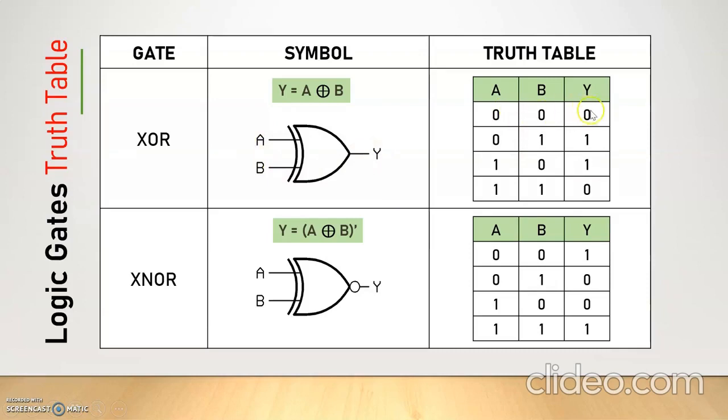So 0 0 becomes 0, 0 1 becomes 1, 1 0 becomes 1, 1 1 becomes 0. XOR needs only one input true to become true. And XNOR will reverse that. XNOR will reverse the XOR. You just evaluate like XOR and then you reverse it. So we will have something like this.